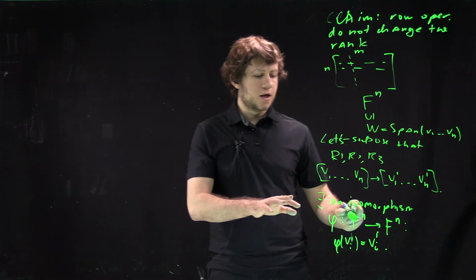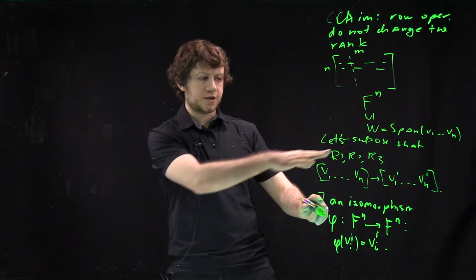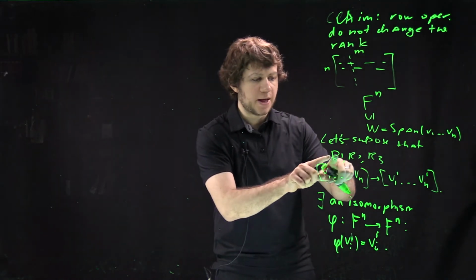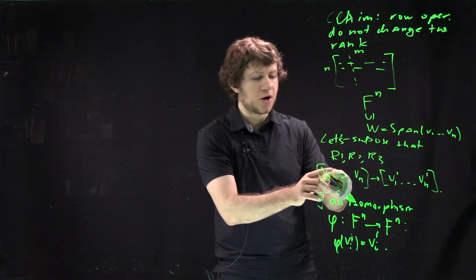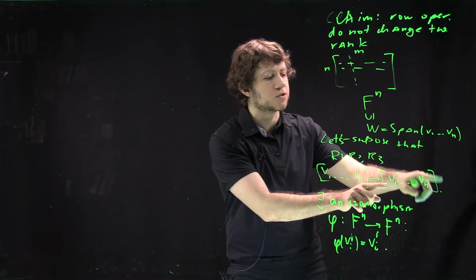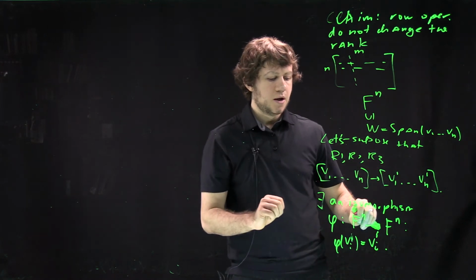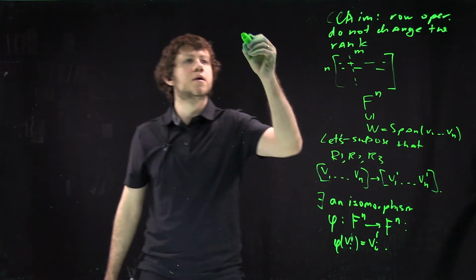So basically, I will show in a second that there is an isomorphism depending on R1, R2, R3, so which one we take and with which parameters, which moves these vectors to these vectors simultaneously.